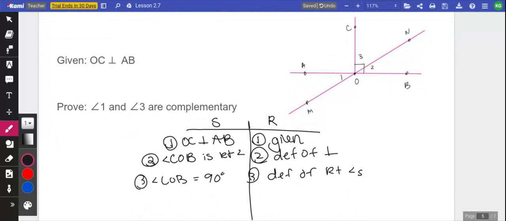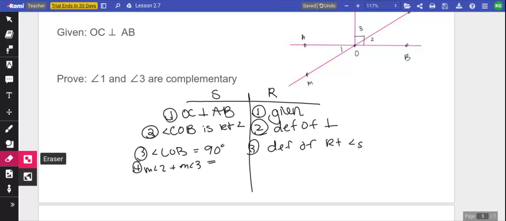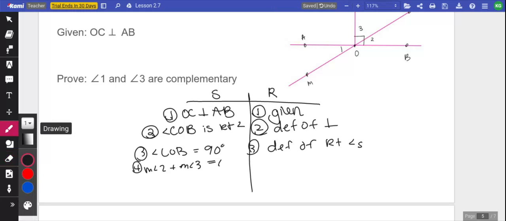All right, so now that we know that COB equals 90 degrees, then we can write something about angle 3 and angle 2. So measure of angle 2 plus measure of angle 3 equals 90. Actually, we should say equals angle COB first, because of angle addition.